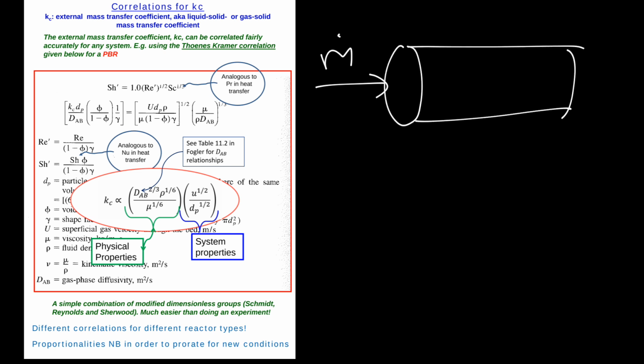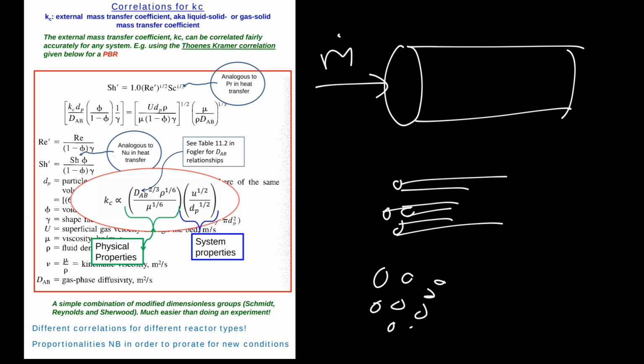These two parameters, the linear velocity in your packed bed and the particle size of the catalyst that you choose, are in the control of the design engineer to a limited extent. Of course, the linear velocity: you can have your total mass flow that goes into your reactor in one big single tube, or you can divide it into 4 smaller tubes where the linear velocity will be higher, or you can have 50 of those smaller tubes, exactly the same diameter, and the linear velocity between the two will decrease, or I can have thinner tubes.